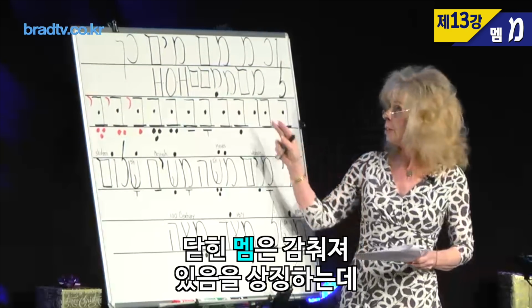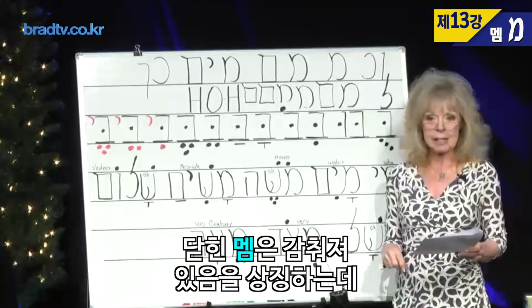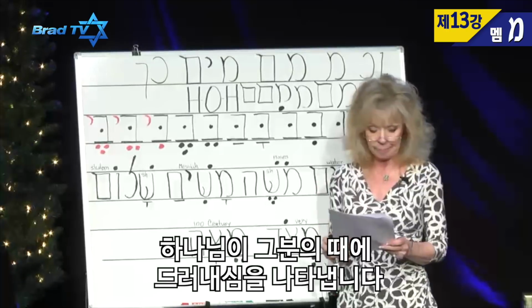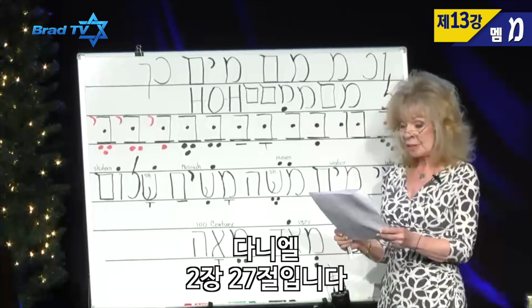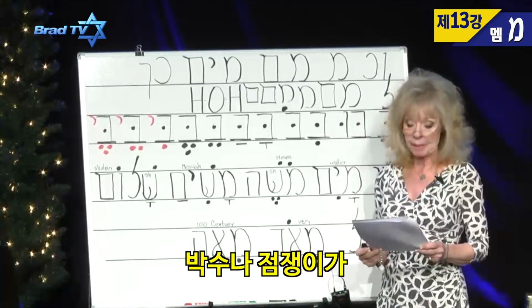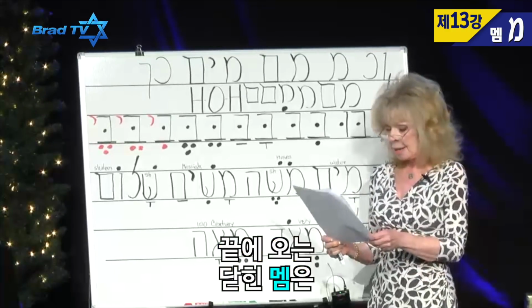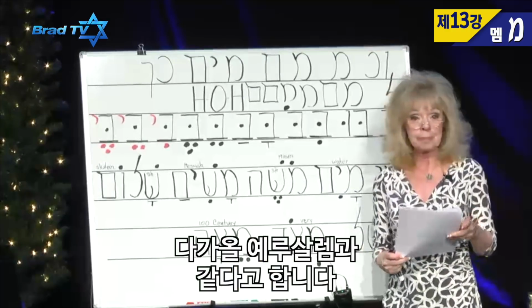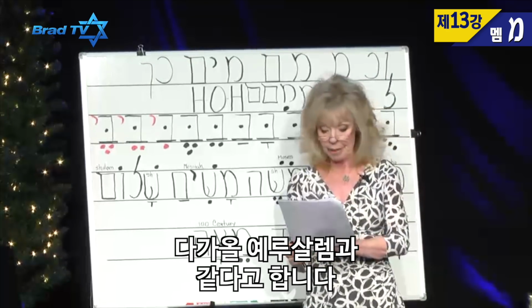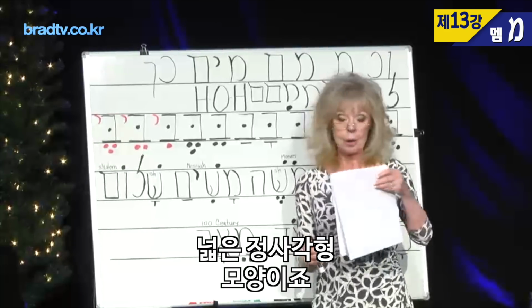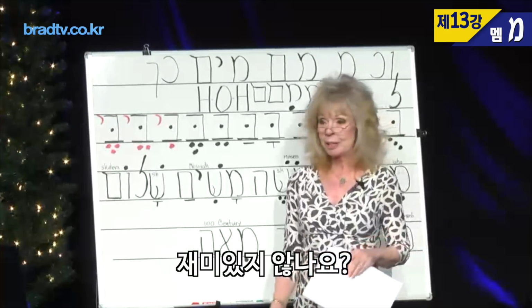And the closed mem is said to represent things that are hidden, that God reveals in his time. Daniel 2:22 says he reveals the deep and hidden things. He knows what lies in the darkness. The final closed mem is said to be like Jerusalem, that is to come, like a square as long as it is wide. That's kind of a fun way to think of it.